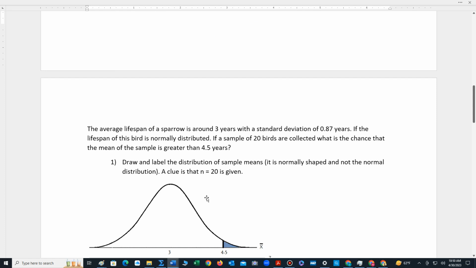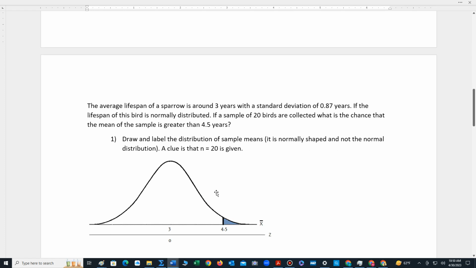So we want to contrast this type of example with a problem involving the distribution of sample means. And we want to be able to distinguish between the two types of distributions. While the first clue that you're working with the distribution of sample means is the way that the question is posed. So we have the same information from the previous problem, but now it says if a sample of 20 birds, so right away we can determine that we are given a sample, whereas in the previous problem we did not have this sample, are collected.